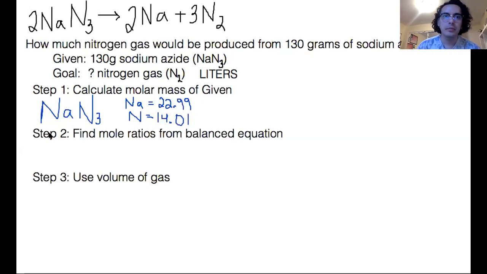Now, because of the subscripts, sodium has an imaginary 1, so it stays the same. Because of this subscript, the N we need to multiply times 3. If we work this out, 14.01 times 3 gives us 42.03.